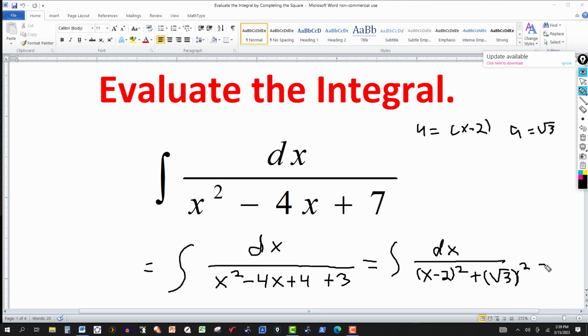So I'll say this is equal to the integral, and then if I take the derivative of both sides of u, that'd be du. The derivative of the right side will just be 1, the derivative of a constant, minus 2, is 0, the derivative of x will be 1. You can write that as du over dx.